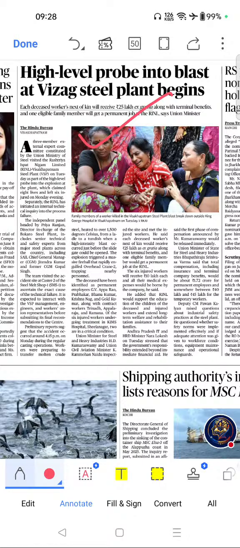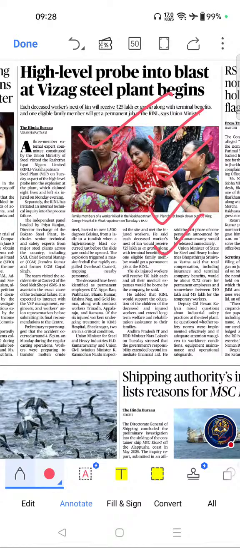If you see the importance of this article, industrial safety is increasingly important in UPSC governance and economy. PSUs remain crucial contributors to India's industrial growth. Occupational safety laws and labor welfare frequently appear in exams.